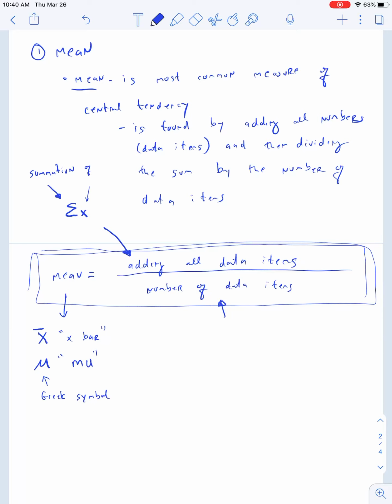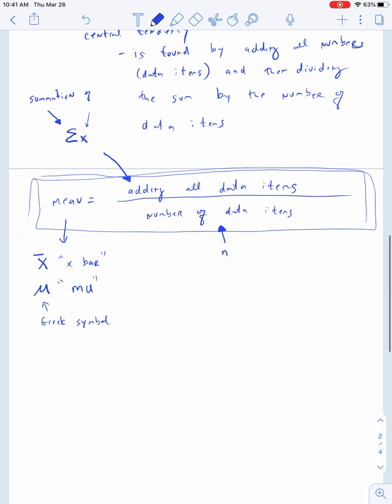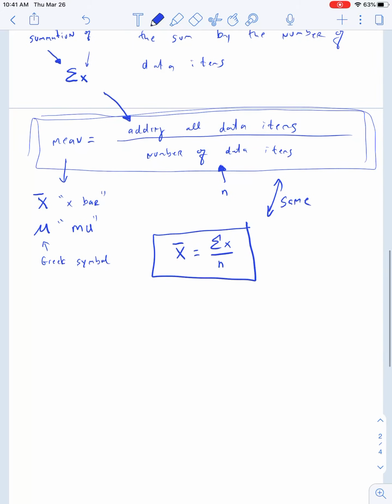And our number of data items is just a lowercase n. So our mean X bar is found by the summation of X over n. Instead of using words, we can use symbols. They both mean the same thing. I want you familiar with these symbols because we'll be using them in 12.3 as well. But the mean is very easy: add all the data items and then divide by the number of data items.